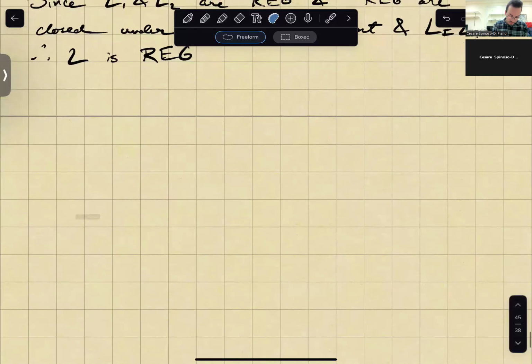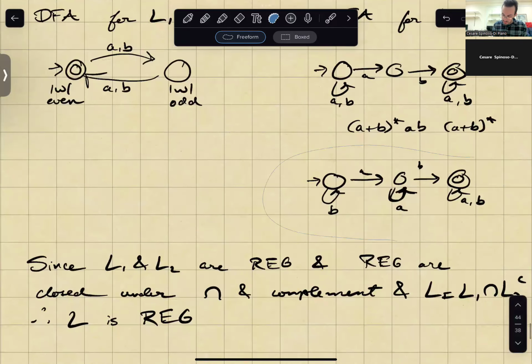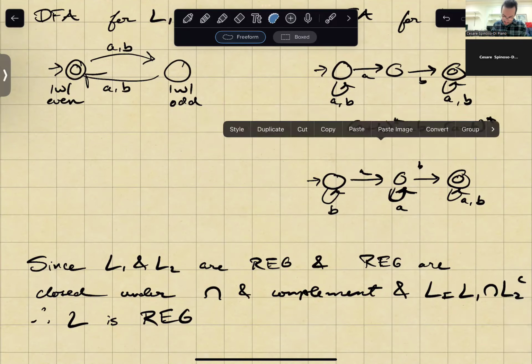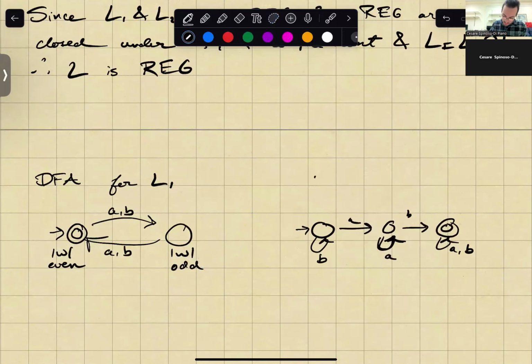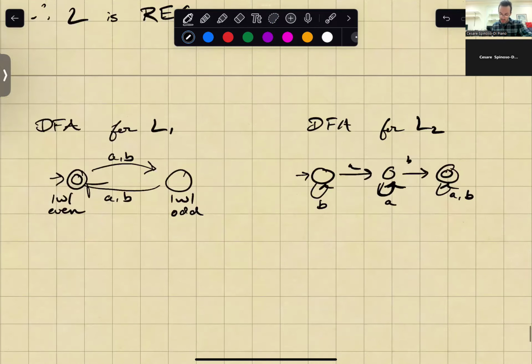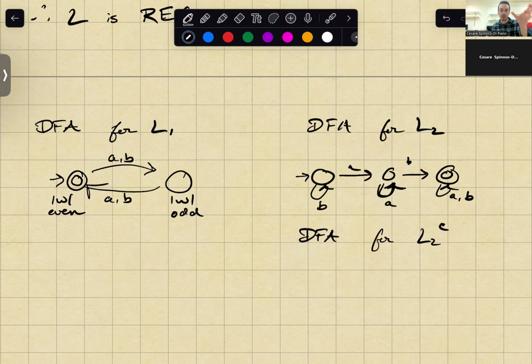So here is the DFA for L1, and this is the DFA for L2. And so then the DFA for L2 complement, because what I need to do is the product construction of L1 and L2 complement, and like I said, you flip accept and non-accept states.